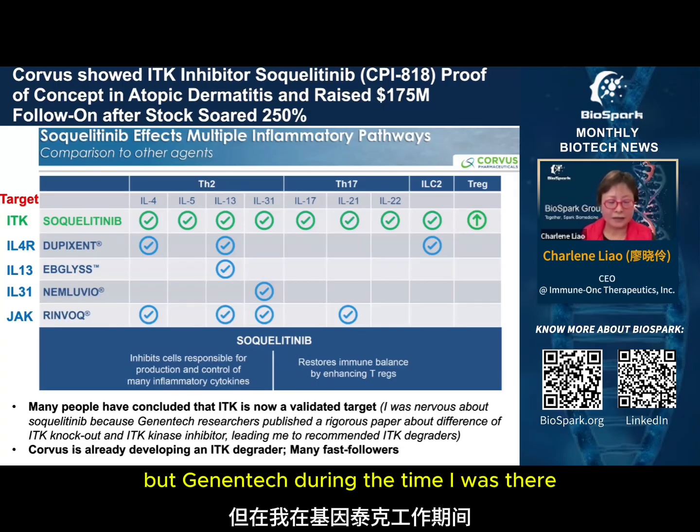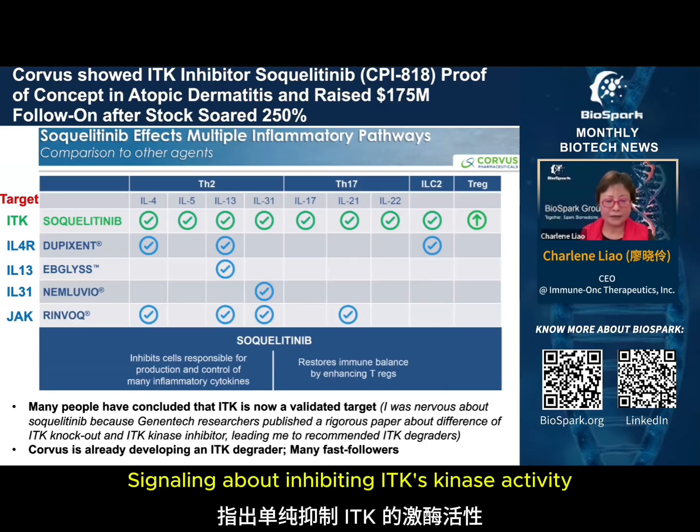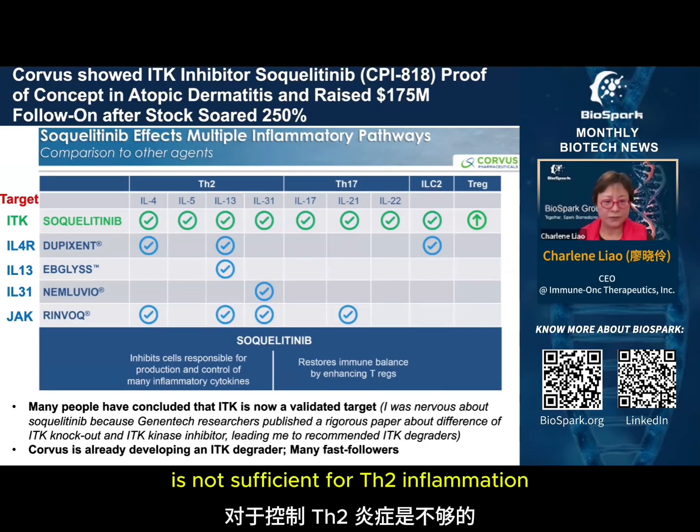But Genentech, during the time I was there, published a very prominent paper in Science Signaling saying that inhibiting ITK's kinase activity is not sufficient for Th2 inflammation.